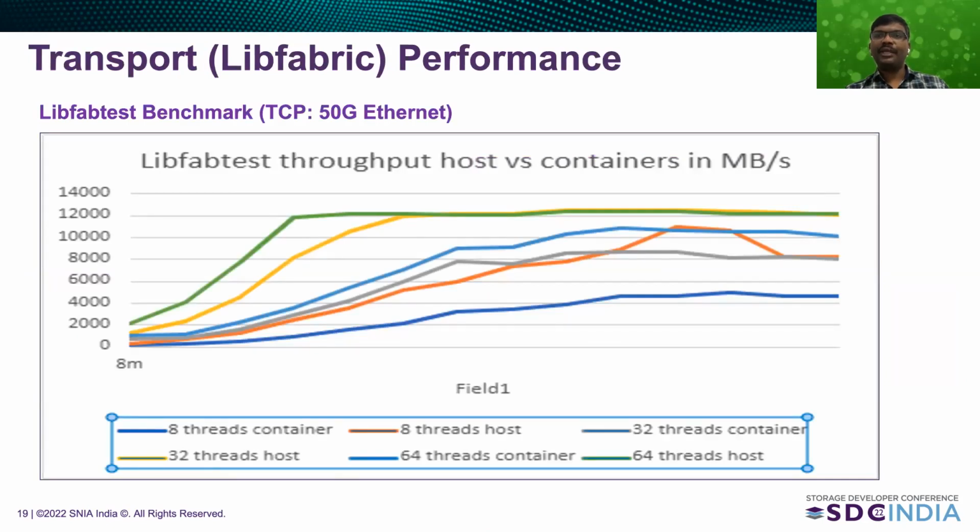CORTX uses Libfabric as a transport layer. So we performed a benchmark of Libfabric using Libfab test with TCP over 50 gig Ethernet on a dual node system configured with Kubernetes CNI Calico framework. We observe that for large number of threads, performance throughput is reasonable with a small overhead.